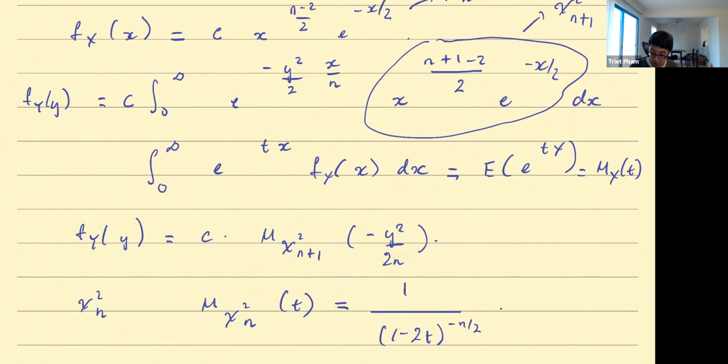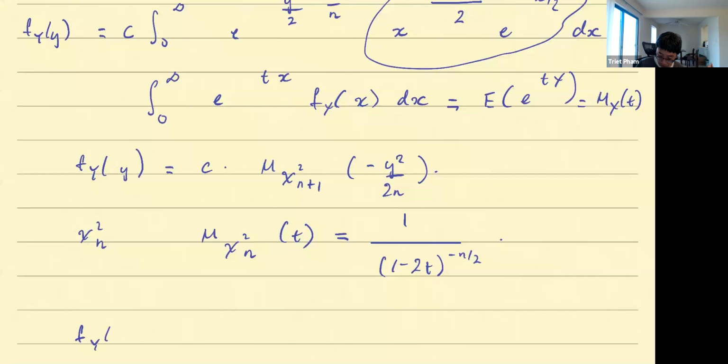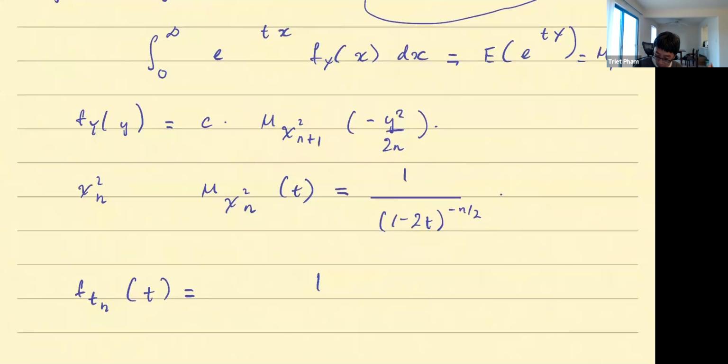All right. So that means that for our T density, or rather, now we can switch it back to the density of a T distribution with n degrees of freedom evaluated at T, that will be 1 over 1 plus T squared over n, raised to n plus 1 over 2, with some constant.